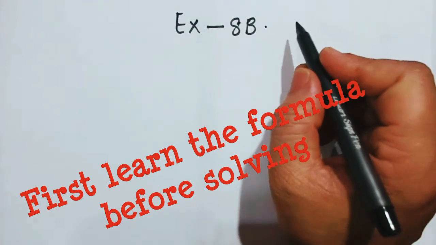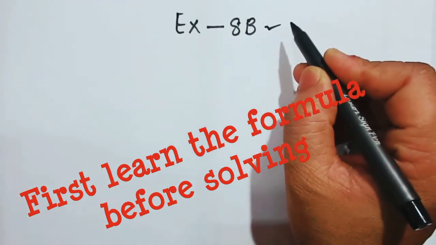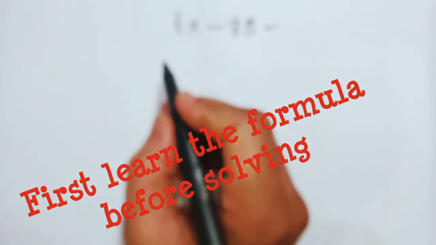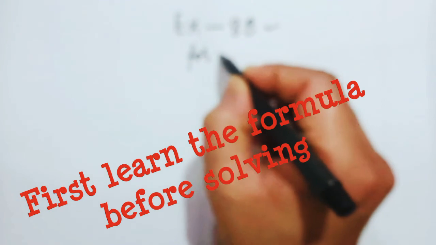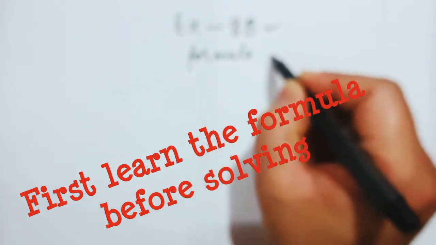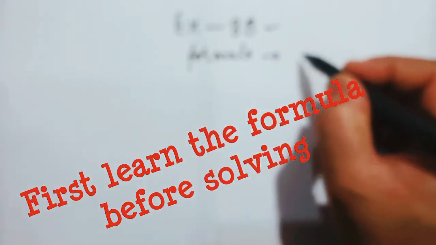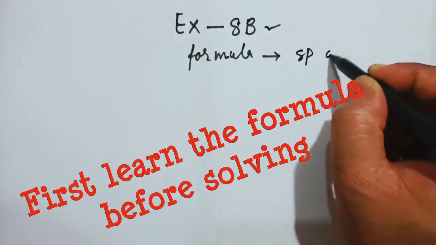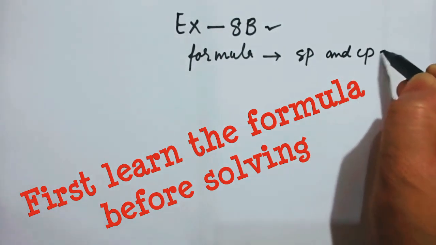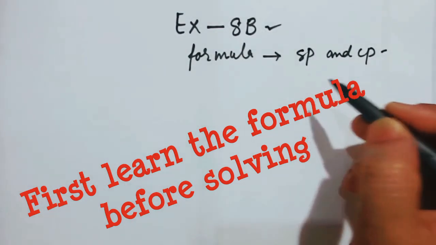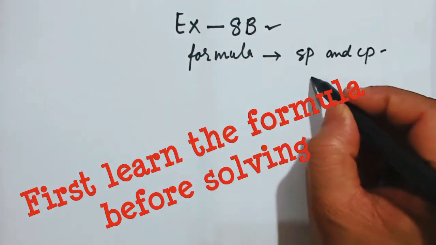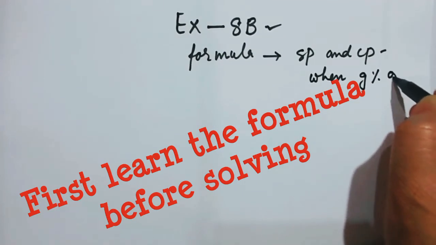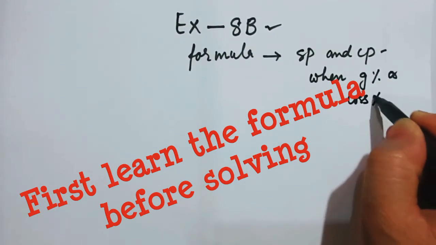We are in exercise 8b and we shall here deal basically with formulas, in which we shall be directly finding the selling price and cost price when gain percent or loss percent is given.